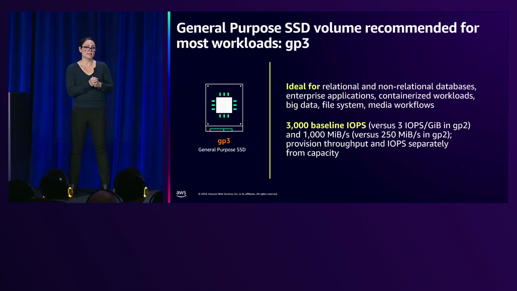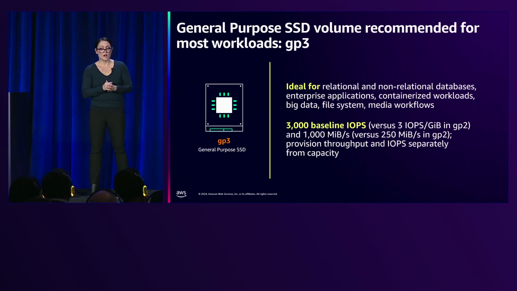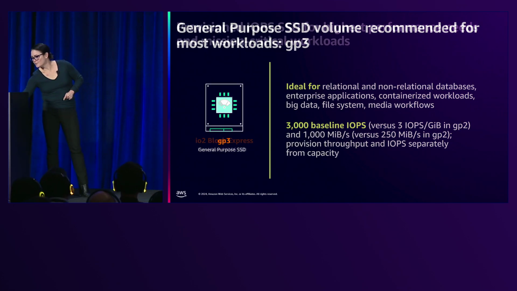It comes with a baseline of 3,000 IOPS per volume and 125 megabytes a second of throughput, with a maximum of 16,000 IOPS or 1,000 megabytes a second. You can provision additional throughput or IOPS performance separately if you need it, but this is what it comes with as a starting baseline.